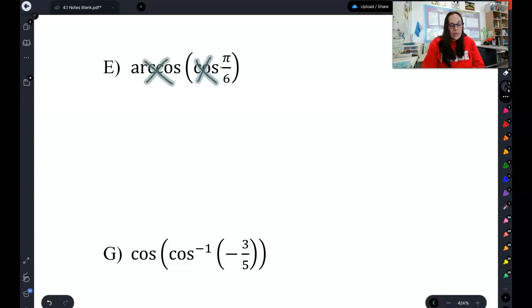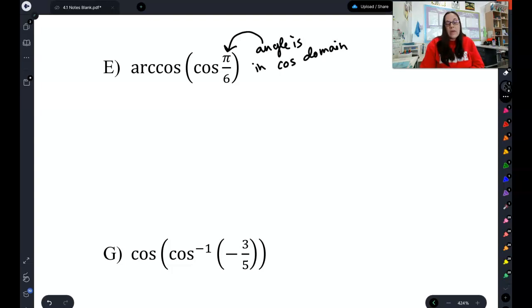However, before we can cancel those out, we need to check that this angle is in the cosine domain. If it's not, we have to do some extra work. And by the way, I picked cosine domain because that's the one it's connected to.